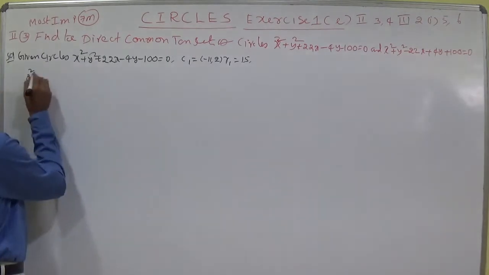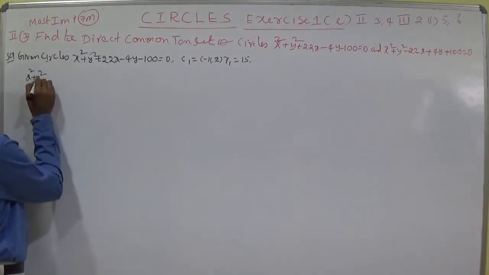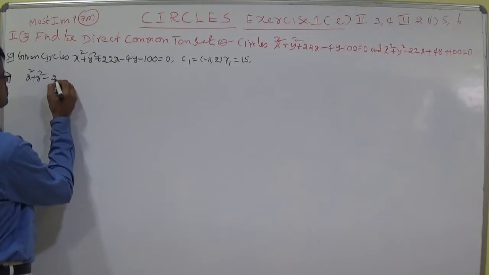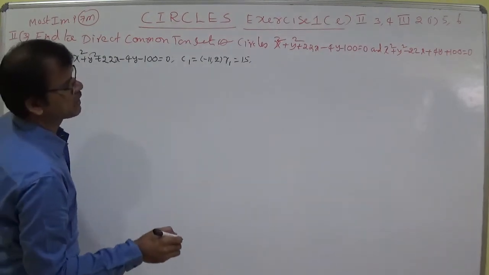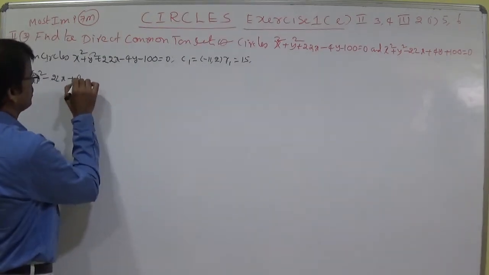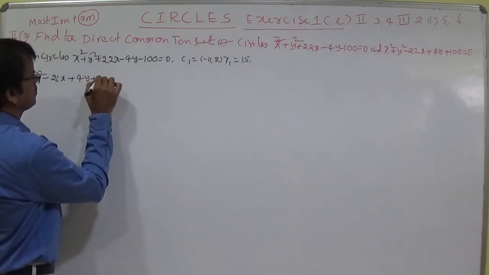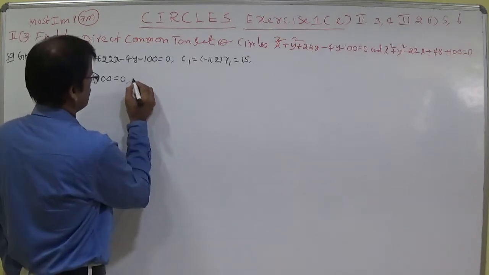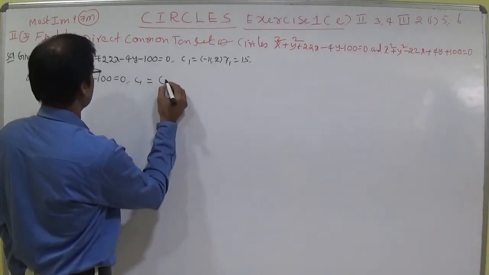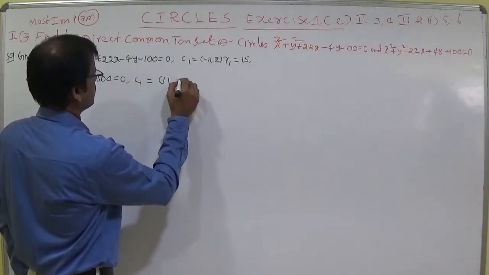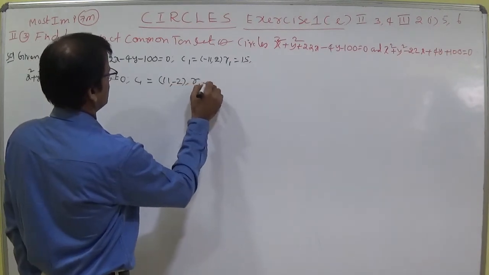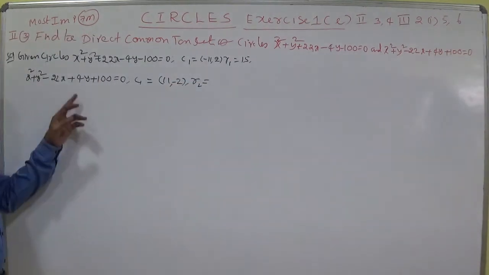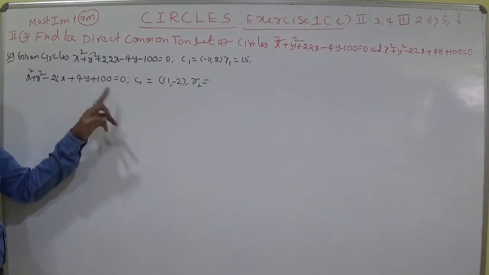Next, another circle. Given circle x square plus y square minus 22x plus 4y plus 100 equal to 0. You can write here C2 is equal to 11 comma minus 2 and R2 is equal to root of g square plus f square minus c, 121 plus 4 minus 100.